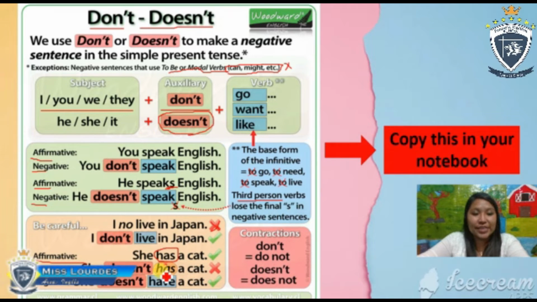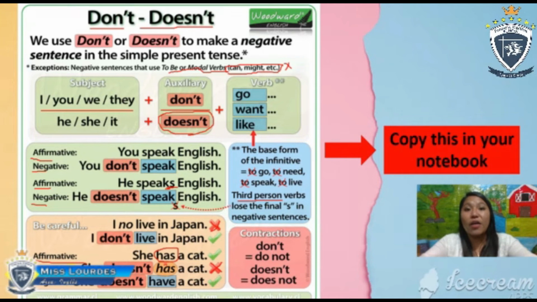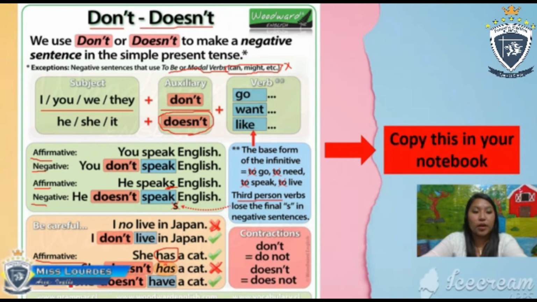"She doesn't has a cat" is incorrect. ¿Qué pasa con el verbo? El verbo se utilizaba de forma normal, ¿ok? En su forma normal. Entonces, sería she doesn't have a cat. She doesn't have a cat. This is the correct form, ¿ok?